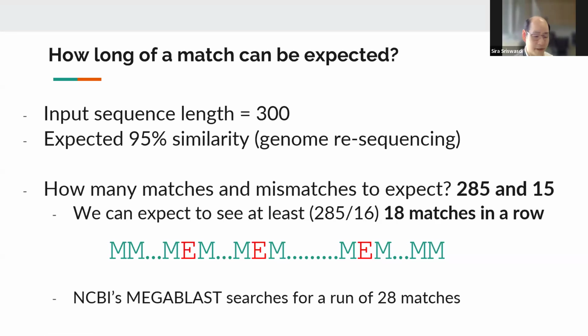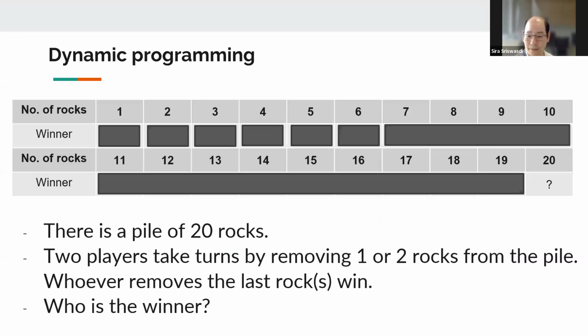Another idea that I want to introduce is called dynamic programming. For those of you not in computer science, this might be a new term, but this is something that you are all very familiar with. Let's think about this in terms of a game. Let's say we have a pile of 20 logs, or you can think of 20 coins or 20 balls.